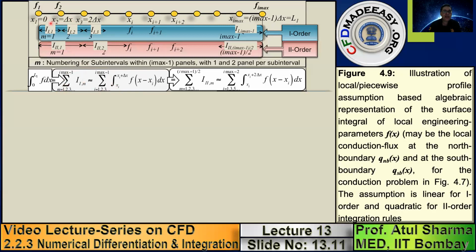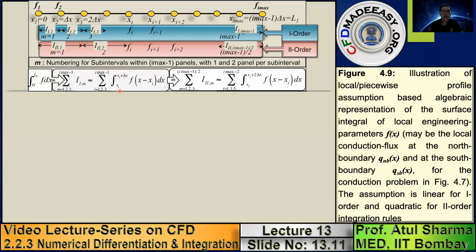What we are basically doing in the first order representation is approximating a linear variation of the conduction heat fluxes between any 2 consecutive grid points or yellow circles. So we integrate from here to here, and then here to here, and so on.